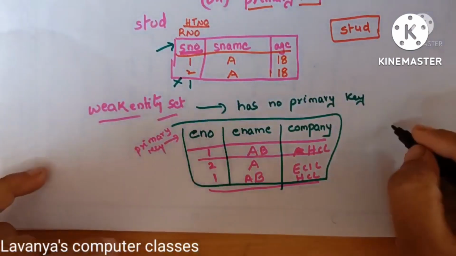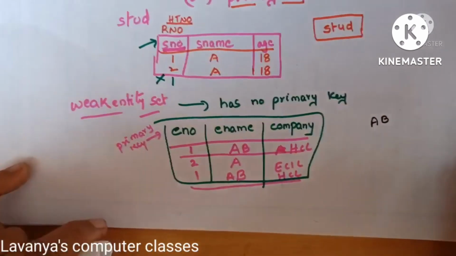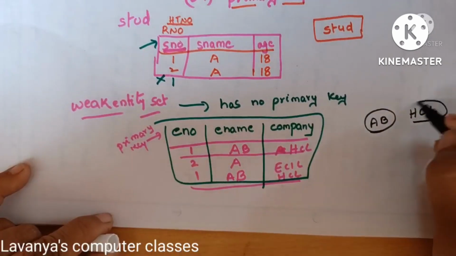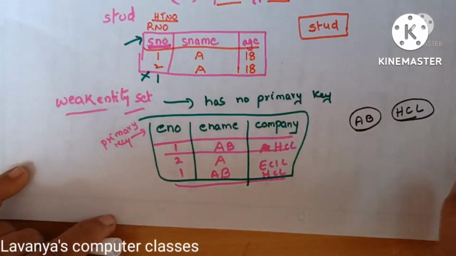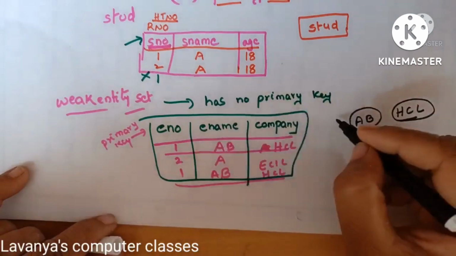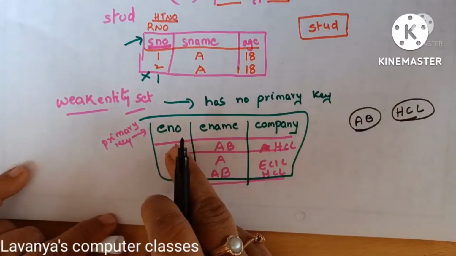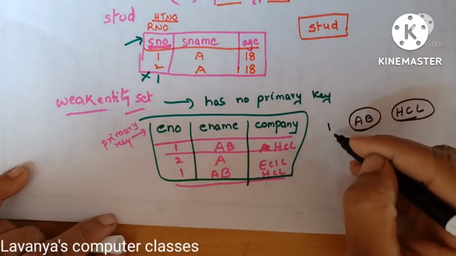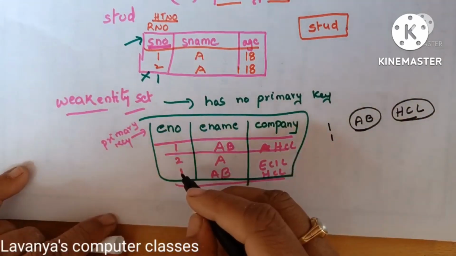There are two employees, both named AB and both working in HCL. These values can be common, but employee number should be different. But you did not mention any primary key here. If you enter employee number 1 twice, that is also accepted.